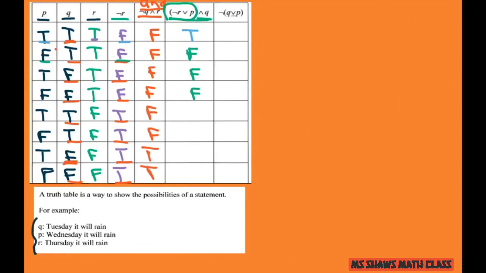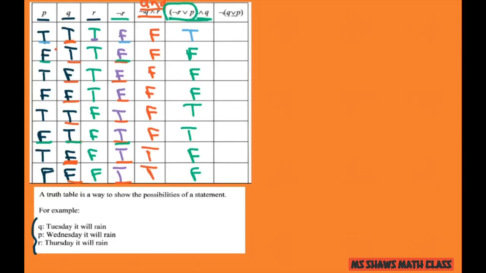Now let's look at the next one. Not R, so that's true or false. True or false is true. And then true and true is true. So this one's true, and the last two are false.